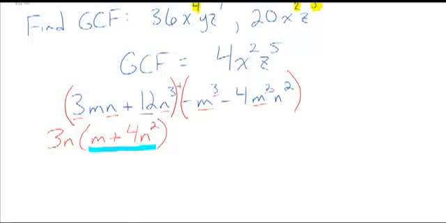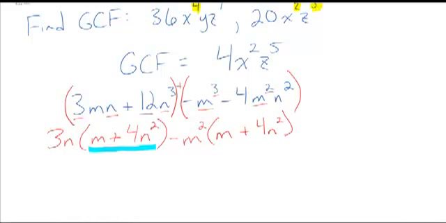So that means I can pull out an m squared, but if we're paying attention, we should see that I need it to be a negative. I need to pull out a minus m squared, so that my signs will be the same as in the first set of parentheses. So when I pull out that minus m squared, I'm left with positive m plus 4n squared.